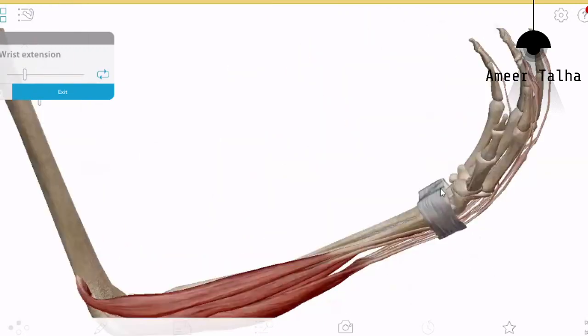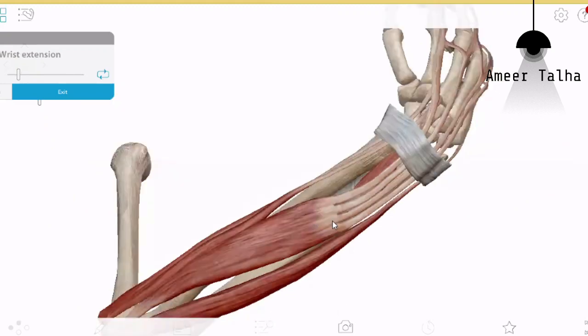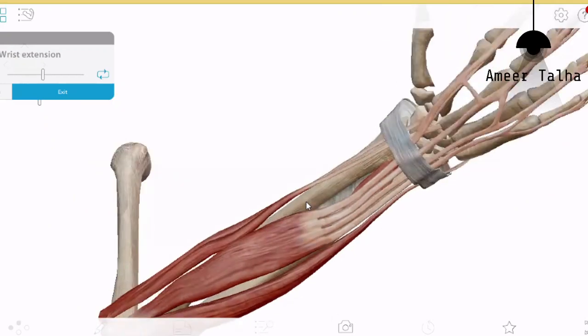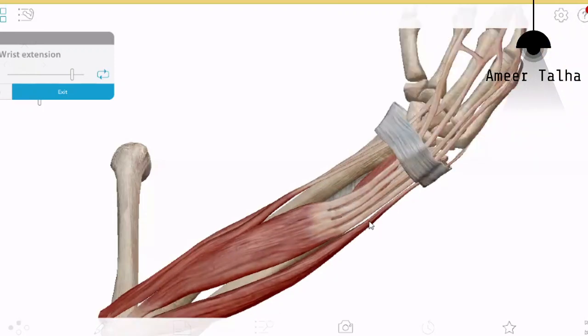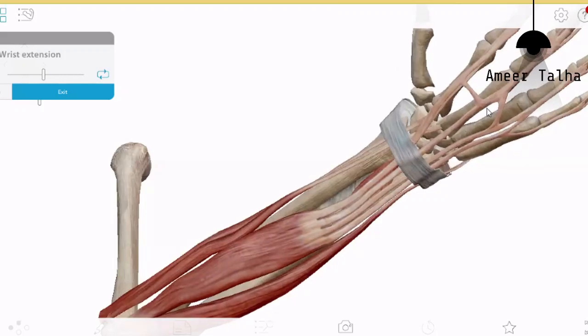If we talk about the extension of the wrist, the main extensor would be extensor digitorum, and in addition extensor digiti minimi and extensor indicis. These are mainly the extensors of the wrist joint.